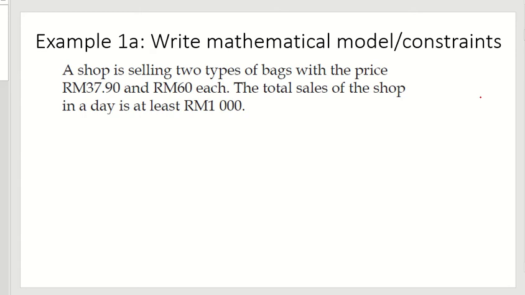Okay, how do we change it into the constraint and the inequalities? You have the first constraint, then the second one, change into the mathematical model. What is the mathematical model? The mathematical model is the inequality. Okay, the inequality you form.